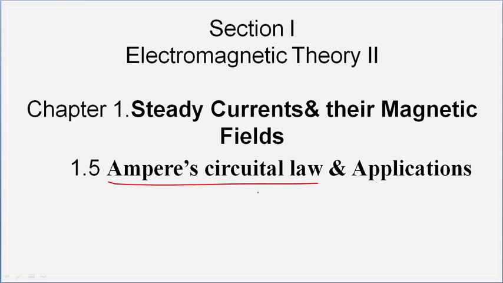We'll find it also for a straight wire, and we'll find that comparatively it is very simple than that using the Biot-Savart's law. So Ampere's Circuital Law again has a limitation. It can be applied to symmetric circuits, where one can easily calculate the magnetic field.